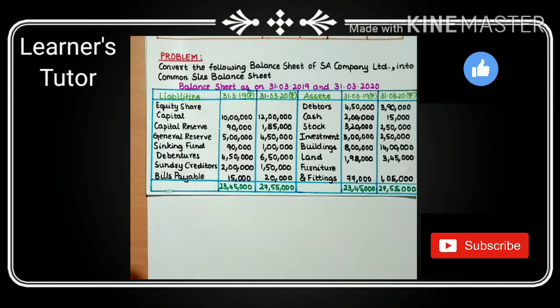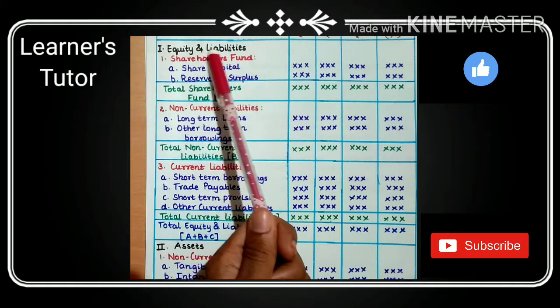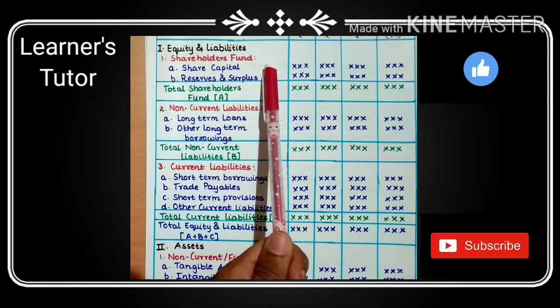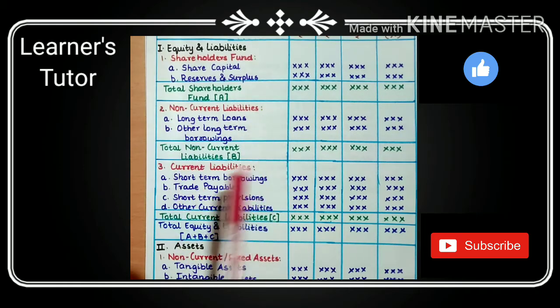I've already explained common size balance sheet in the previous video. Please check out that video and learn in detail. Here I'm just going to tell what comes under what. Under particulars we have equity and liability. Under that we have shareholders fund, then non-current liabilities, current liabilities, then total equity and liabilities.